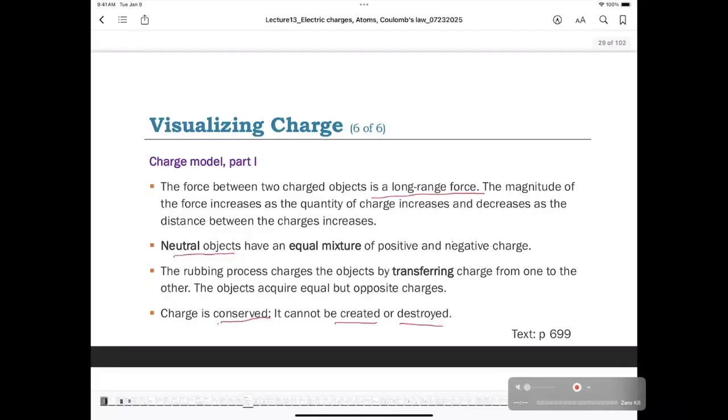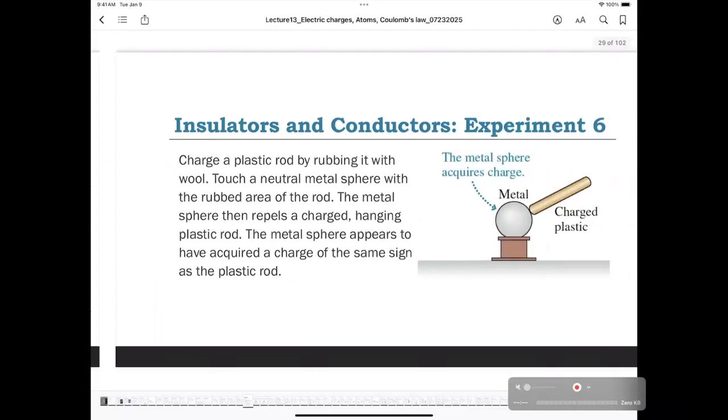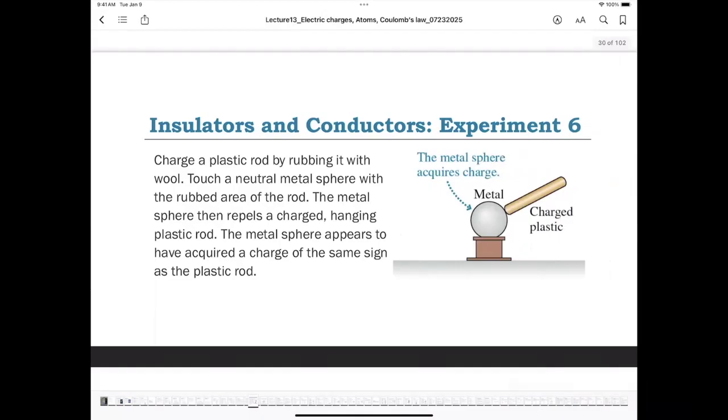Okay, let's continue. Let's learn about insulators and conductors through this experiment. Charge a plastic rod by rubbing it with wool.